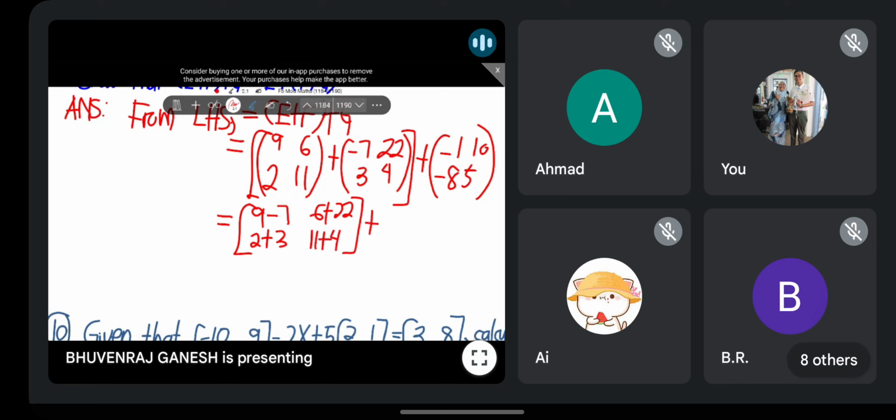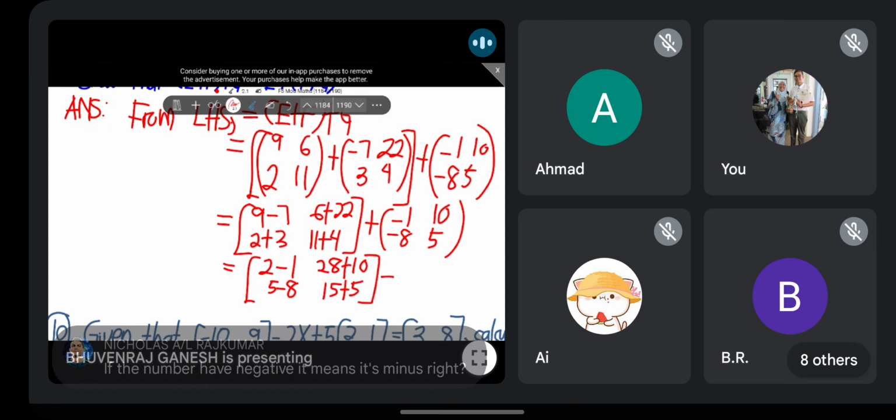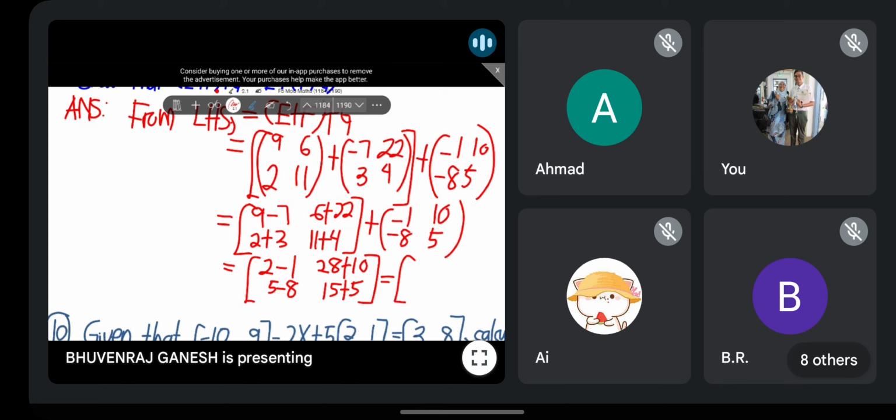Okay, and then you plus with negative 1, negative 8, 10, 5. Okay, now you can solve it already. So you will get 2 minus 1, and then 28 plus 10, and then 5 minus 8, and then 15 plus 5. Okay, so final answer, if the number negative, it means, yes, it means minus, correct.